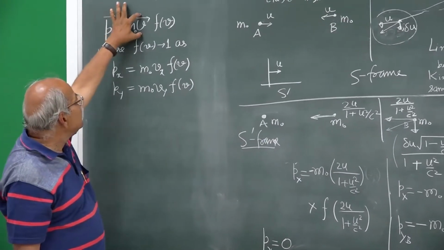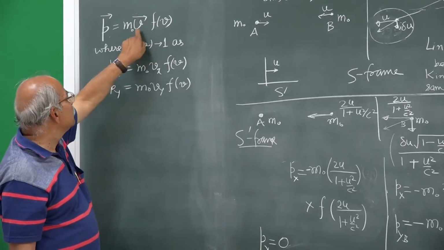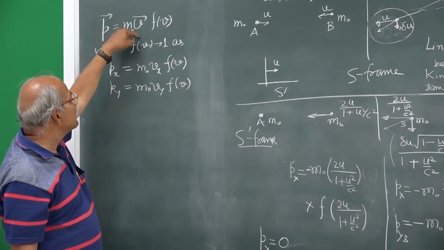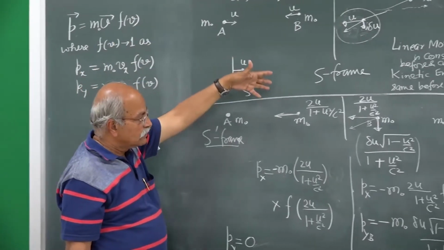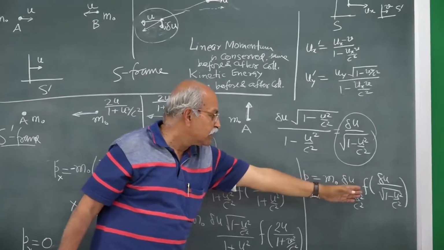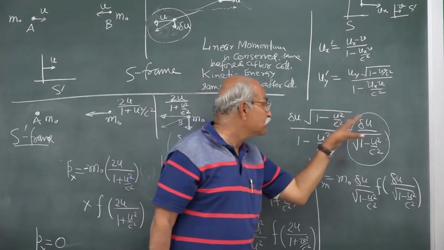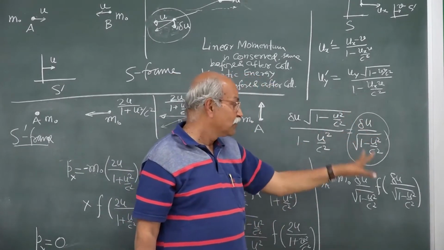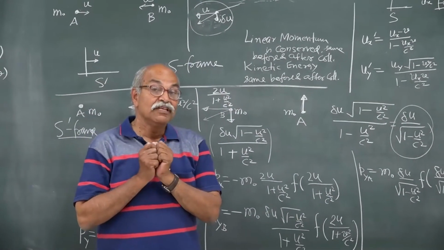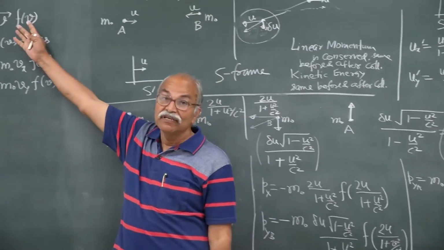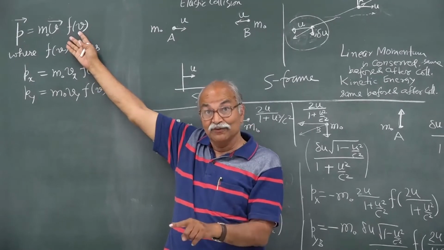So consistently I am using this chosen definition: P is m naught v and then function of the speed. So for the x component, this v becomes vx, for the y component this v becomes vy, and this remains f of speed. Here the speed is this much, so it is a function of this. This I cannot neglect, because it is not in front of some finite quantity itself, but this function f of v goes to 1 as v approaches 0.